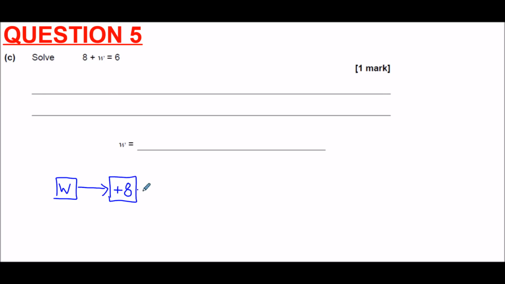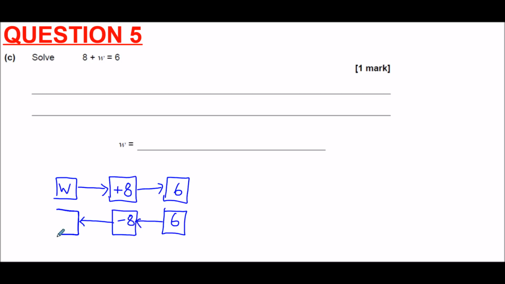And the answer to that is that we get 6. And so if we start with 6 and go backwards, then instead of adding 8, we'd be taking away 8. So 6 take away 8 would take us all the way back to minus 2. So w would have to be minus 2.